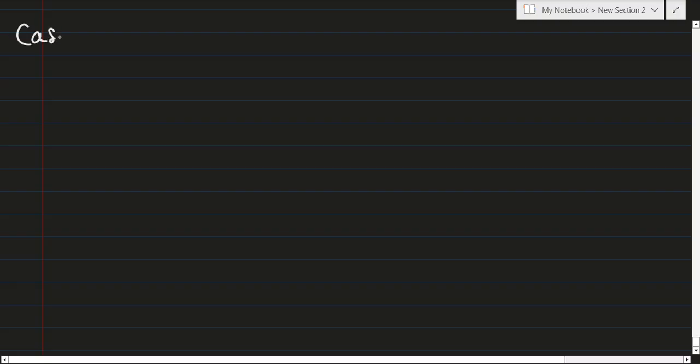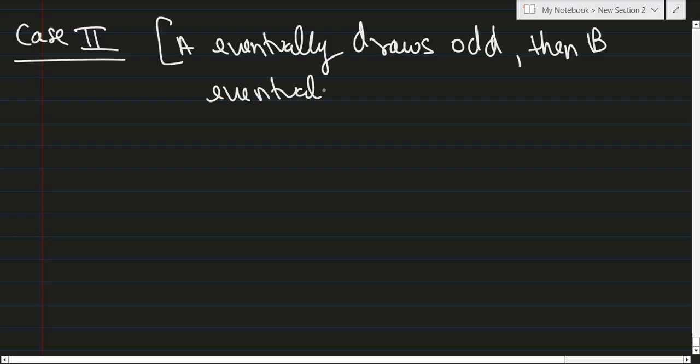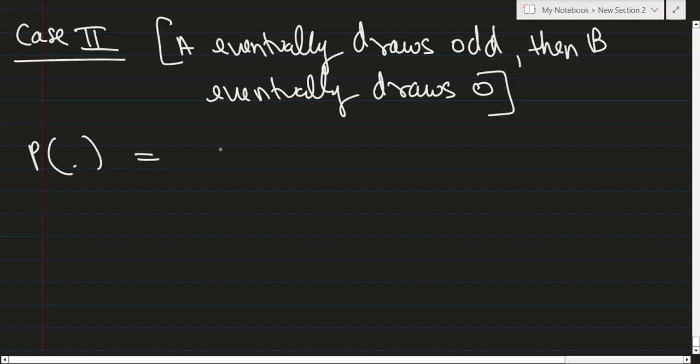Okay, case 2: A eventually draws odd, then B eventually draws 0. So let us say A in the first attempt itself draws an odd number.